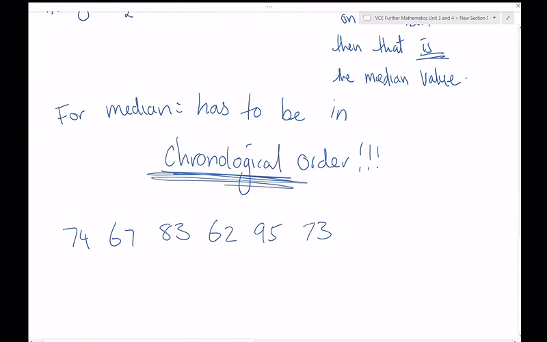So most students will just say, okay, the median should be here. Let's take an average of 62 and 83, and we're done. But no, you have to order them. So 73 has to come first, followed by 67 comes first. No, it doesn't. 62 comes first, followed by 67, followed by 73, 74, 83, and 95.